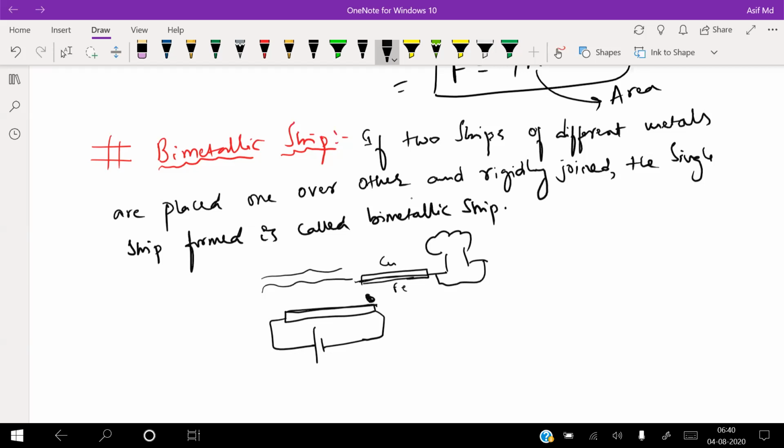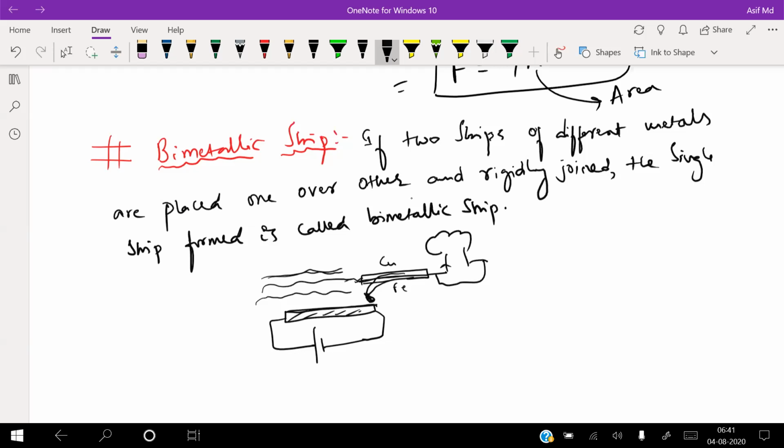The role of this is that it expands. The moment smoke comes here, the smoke's temperature will be greater than the temperature of the air. Even a slight temperature touching this bimetallic strip makes it bend like this, and it gets connected with the circuit, so there is a flow of current.